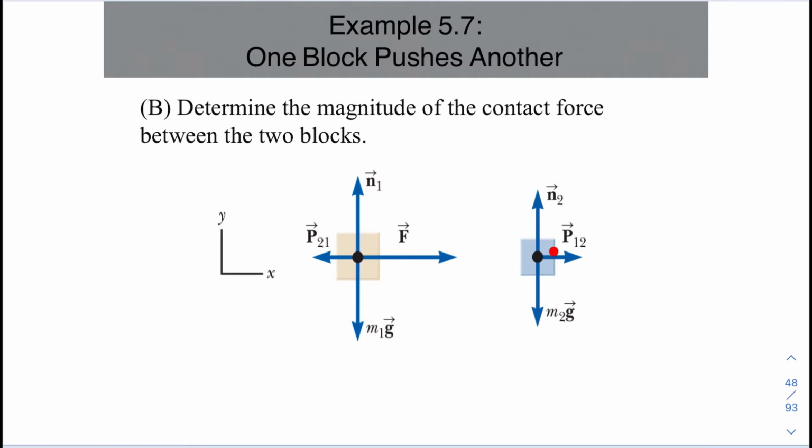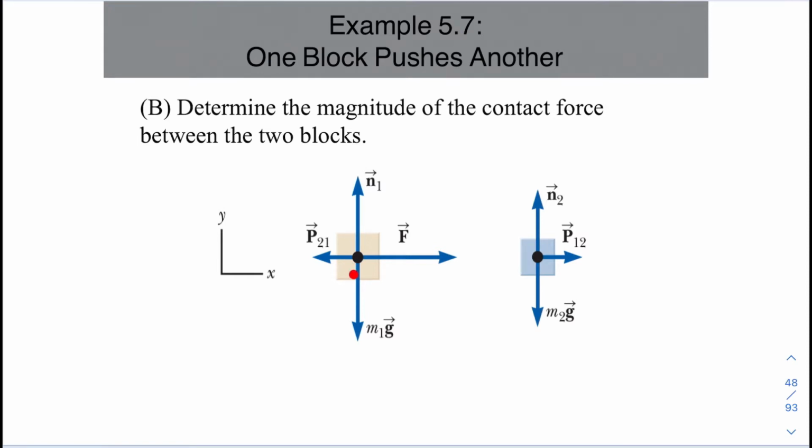According to Newton's third law, action and reaction, there must be a reaction from the blue block M2 to M1. M2 pushes back in the opposite direction with the same magnitude, acting on a different object, M1.